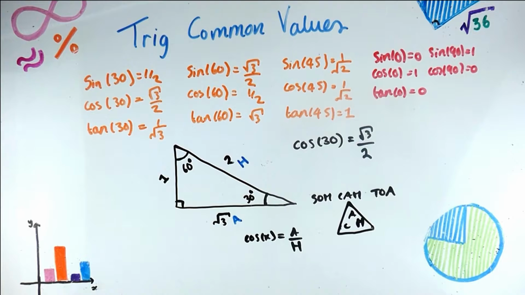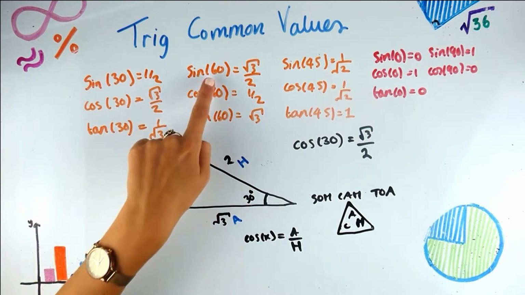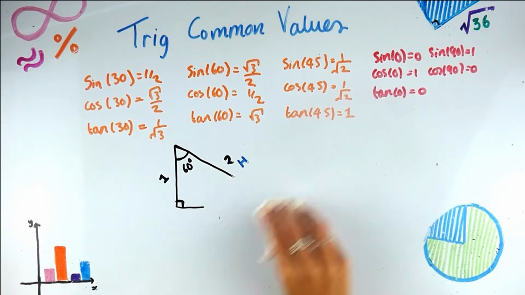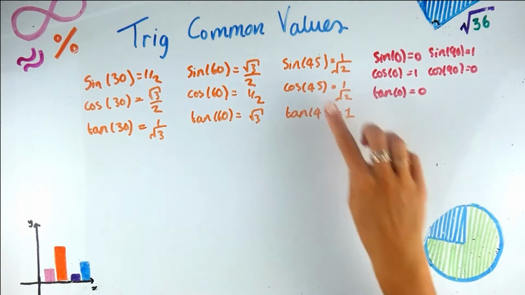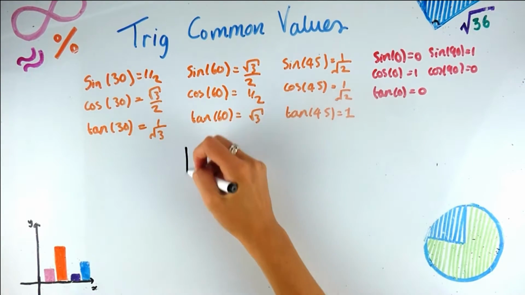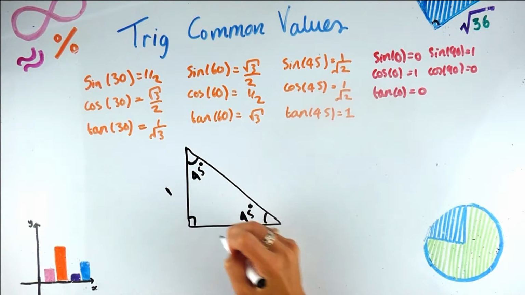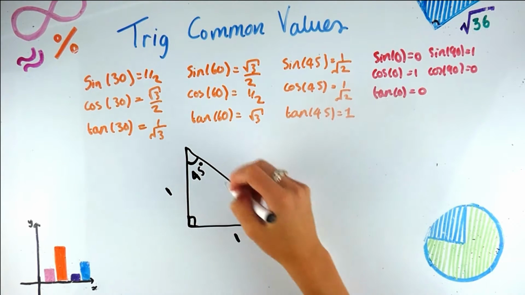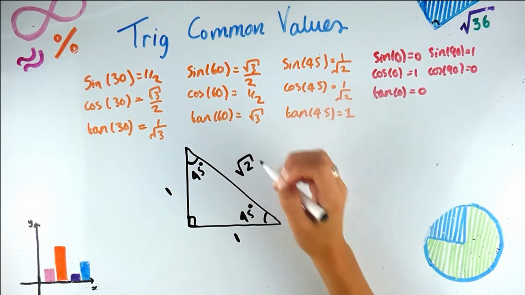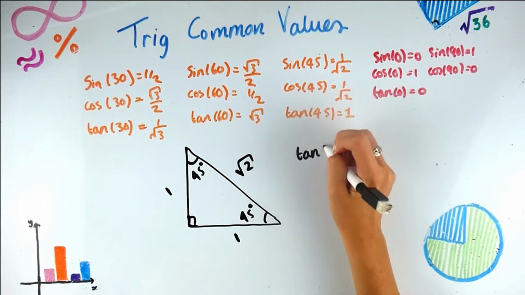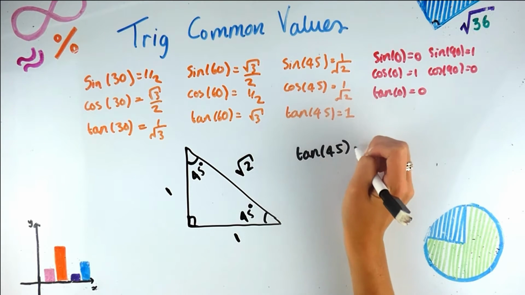There's one more triangle, so we've tackled the 30 and 60 degree angles, but obviously you just need to shuffle which one you want. What about the 45? If we draw a 45, we know it has to be a right angle. These two sides are the same length because this is a right angle, that's 45 degrees, and that's root 2, again check through Pythag. So let's say I'm looking for tan 45.